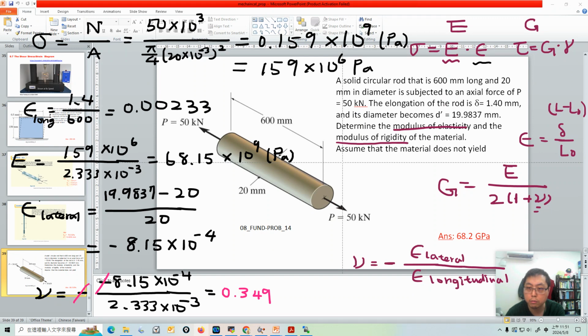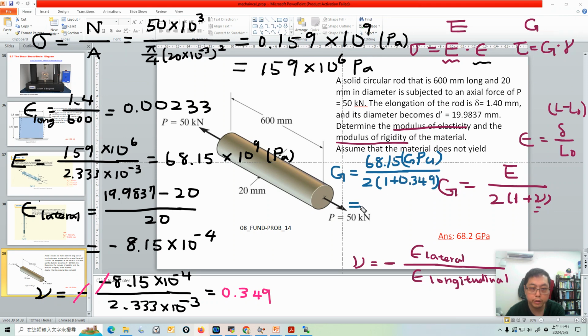Now that we have the elastic modulus, what's our shear modulus? I think we can have the answer right now. The shear modulus is equal to 68.15 gigapascal divided by 2 times (1 plus 0.349).